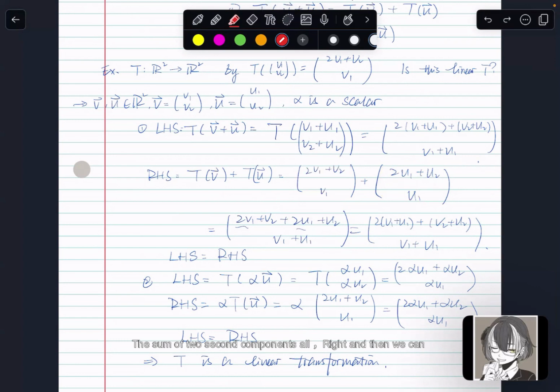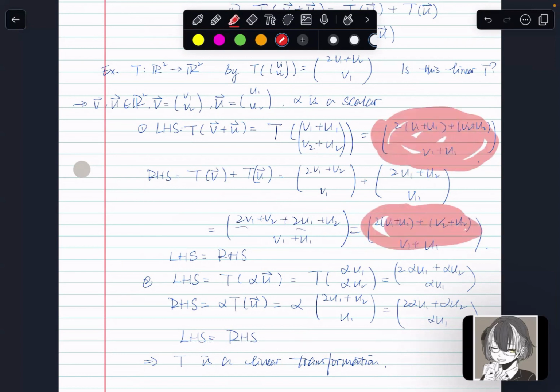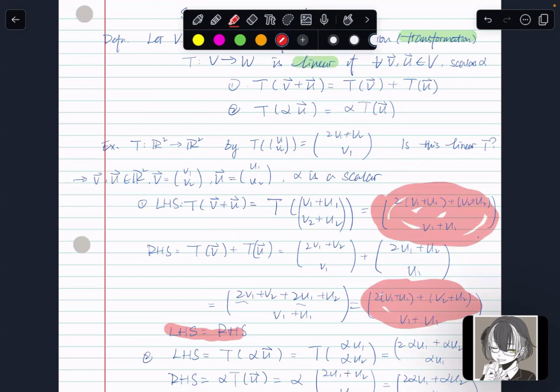Then we can factor 2 out and rearrange this first component. Now we found that these two are the same. So the left-hand side equals the right-hand side, and we know the first equation is true.